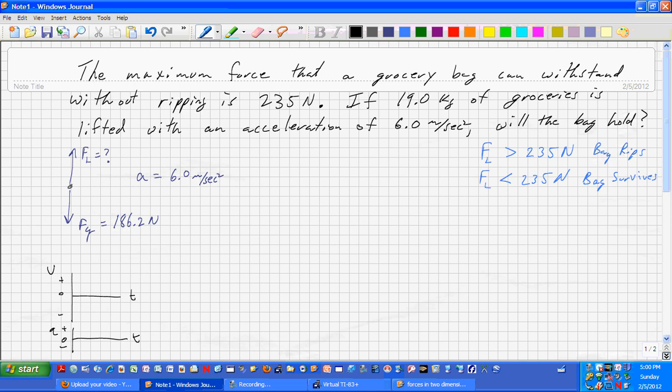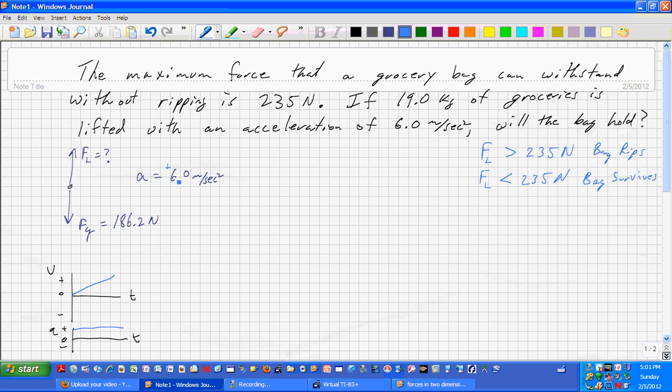So it's moving away, speeding up, because it's accelerating as it's being lifted up. So that looks like this. Let's do that in a different color so it shows better. Away, speeding up, so that's going to be a positive acceleration. And sure enough, we've got a positive acceleration there. All right, so we know it's accelerating.